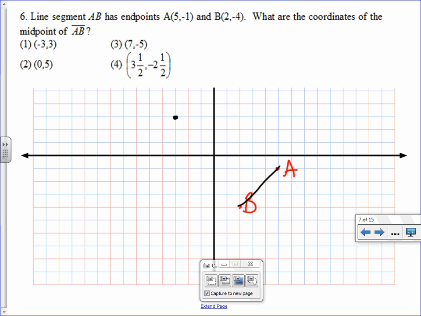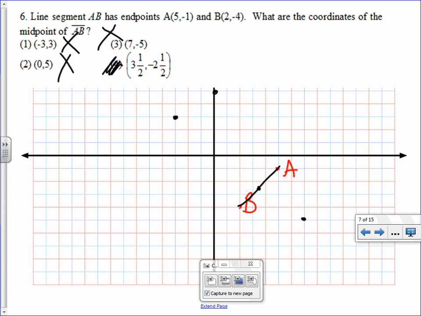I bet you feel pretty stupid if you put that as your answer. 0, 5, not even close. 7, -5, 2, 4, 6, 7, 2, 4, 5. Yeah, that's not happening. 3.5, -2.5. Yeah, that looks perfect. If you put this onto a graph, it is super easy. If you don't, you're a lot more likely to make a mistake.